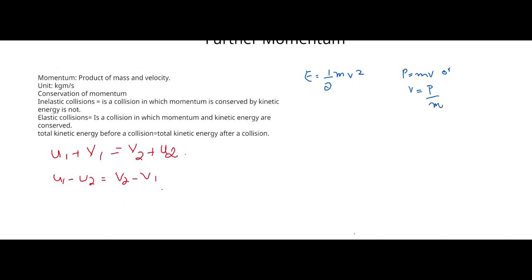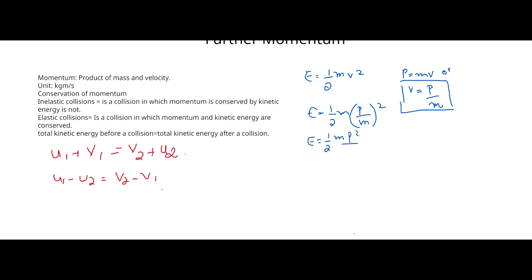We can substitute v equals momentum over mass in equation number 1, which is the equation for kinetic energy. So you get half m times (momentum over mass) squared. The rest is algebra. So we get energy equals half m times momentum squared over mass squared.